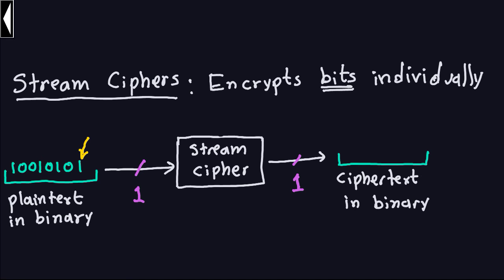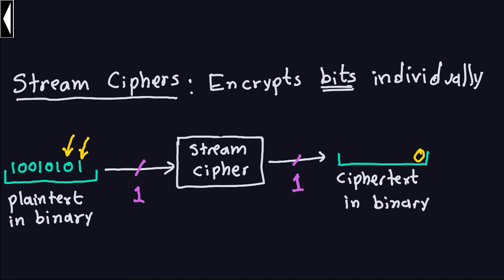and it's going to go through the stream cipher. The stream cipher, of course, is going to do something to it. It's going to either keep it the same, so keep it at 1, or transform it into the other bit, a 0. Let's say it's transformed to 0. Let me write it down here with a yellow 0. Then I go to the second bit, and the stream cipher is going to do the same.